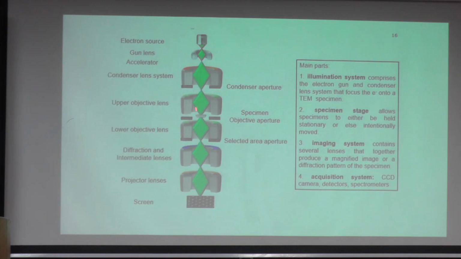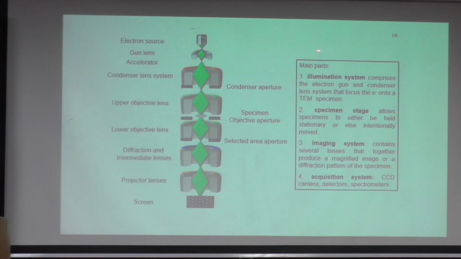The electron beam can be made either parallel or focused by the condenser lens system, and then it goes to the specimen and further. Here you have apertures, like the objective aperture, then the selected area aperture for selected area electron diffraction, the projector lens, and the screen where you observe your image.